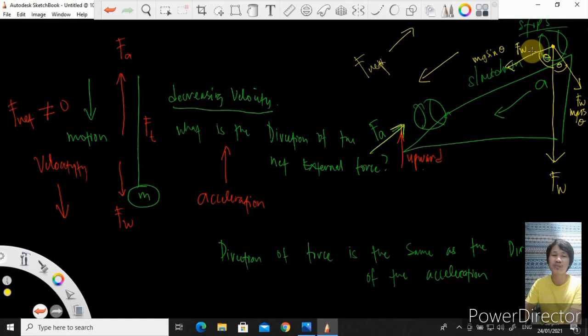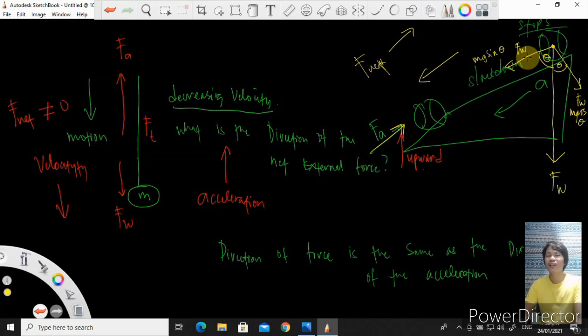Mas malakas yung component of force of weight niya pababa kaysa dun sa inertia niya pataas. Diba? First law, object in motion will continue to move. Dapat pataas pa siya, gusto pa niyang tumaas because it has inertia in motion. Pero hindi, kasi meron siyang force of weight na pababa. Kaya hindi magiging constant yung velocity. Hindi rin accelerating pataas yung velocity. Instead, decelerating because of the presence of external force, and this time, yung external force is the force of weight nung ball.